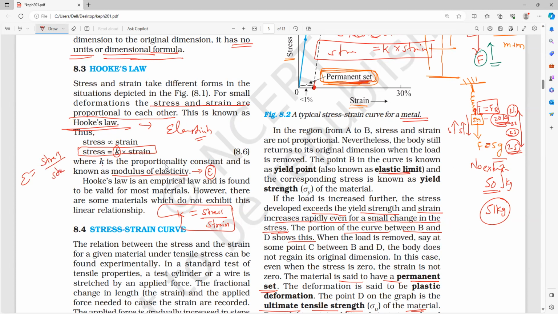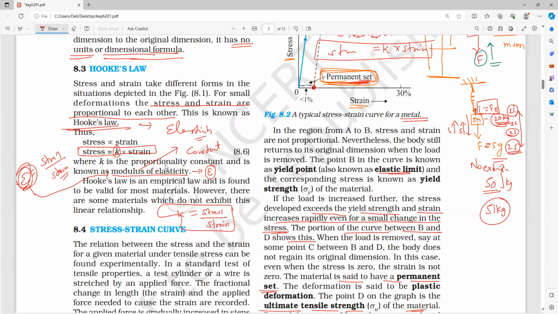What is epsilon? Modulus of elasticity, or constant of elasticity. Both are the same.